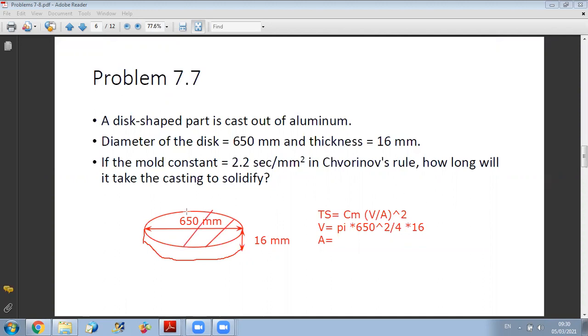Each base is equal to the area of this circle, so it's 2 times pi r squared, or if you want, 2 times pi d squared over 4.